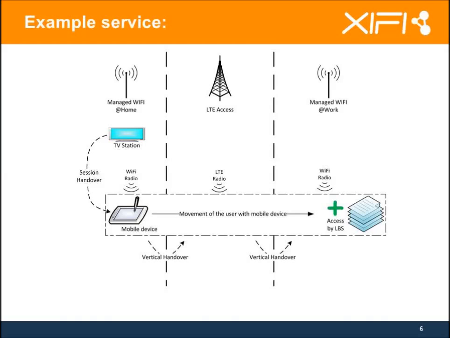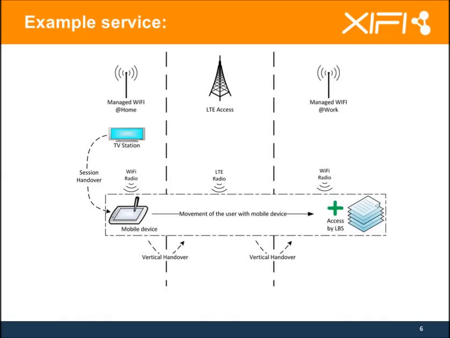And when he reaches his office, there is a second vertical handover where he's connected to the WLAN of his enterprise, his company, and as he has access to his company WLAN, he also has access to the slides that he needs to present. And during the whole movement from his home environment to the office, he is always connected to the online meeting, and when he accesses his office environment, this is triggered and he also gets automatic access to the presentation he needs.